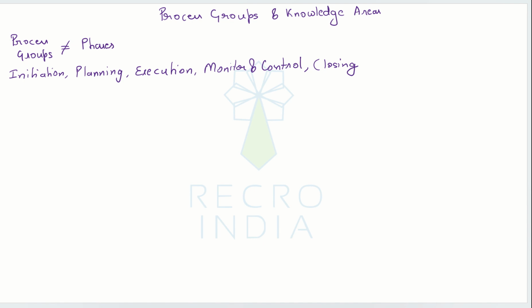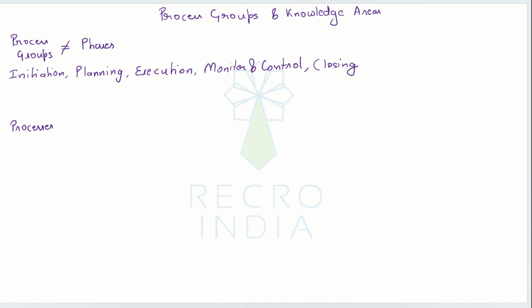When it comes to PMI's project management framework, PMI likes to define various processes. A process by definition is simply a way of doing something. A process is a set of tasks and activities that you will perform using certain techniques, consuming certain inputs and producing some outputs.